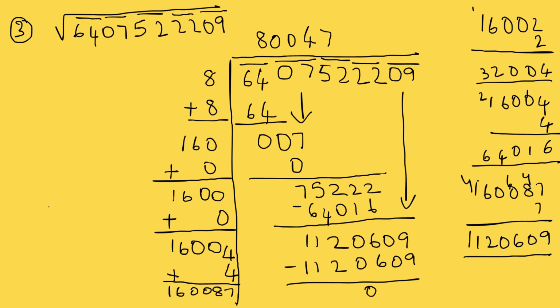So when we put 7 next to 16,008, you get 1,60,087 multiplied by 7, which will give you 11,20,609. So we'll put 7 in the quotient, and we will subtract 11,20,609, and get the remainder as 0. Therefore, our square root is 80,047.